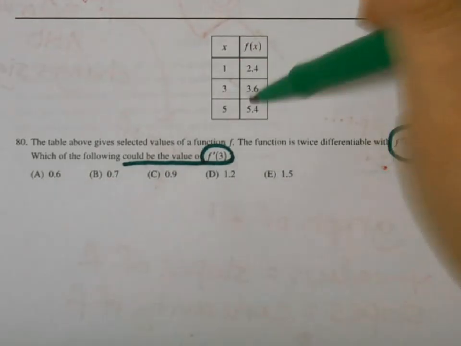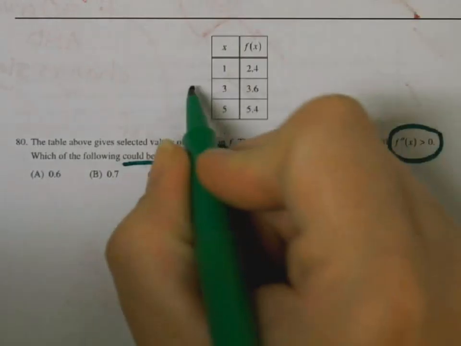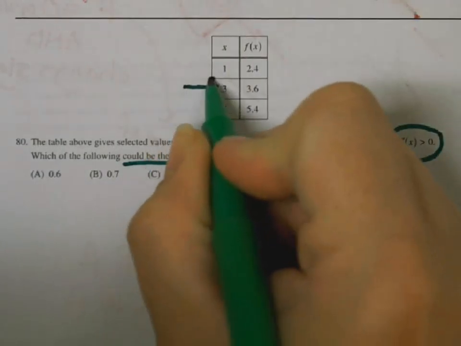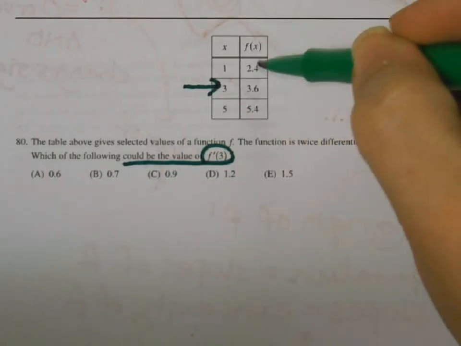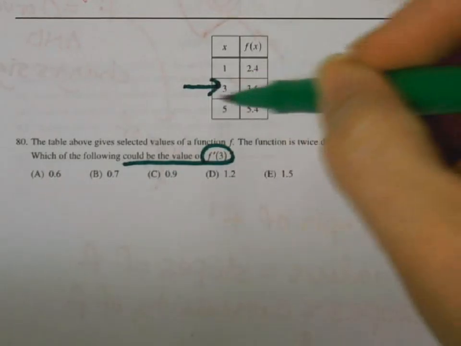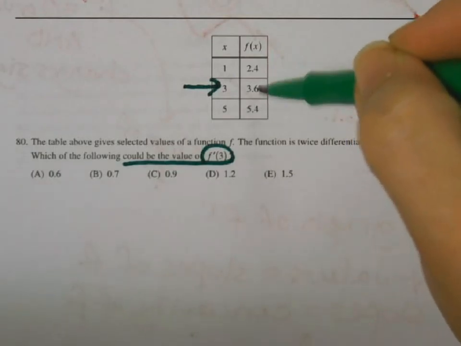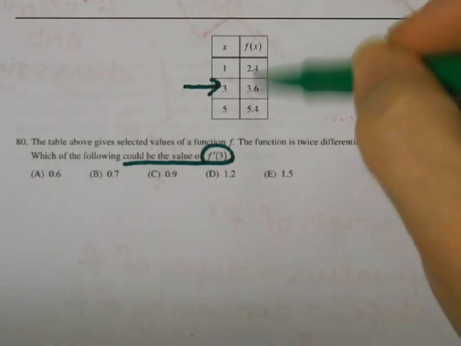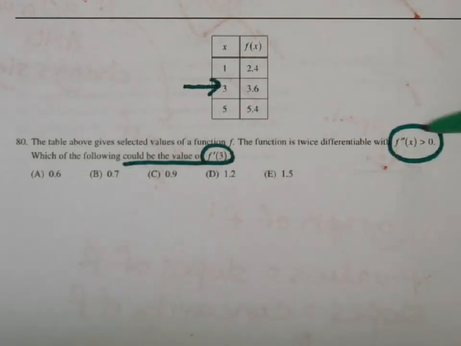Since I'm looking for the derivative at 3, I could either use the first 2 points in the table to estimate the slope, or I could use the last points in the table. Each of them will just be an estimate, and this is going to help us determine whether they are underestimates or overestimates. If you do the slope between the first 2 points, you would do y2 minus y1 over x2 minus x1.